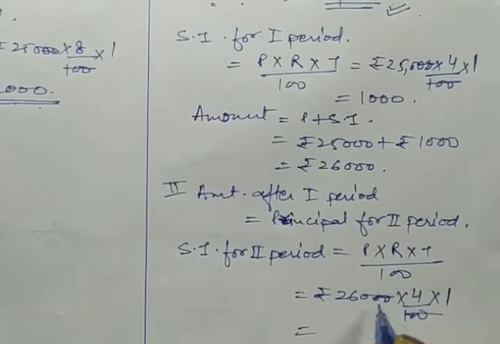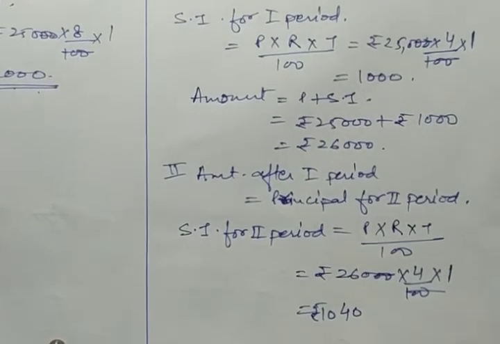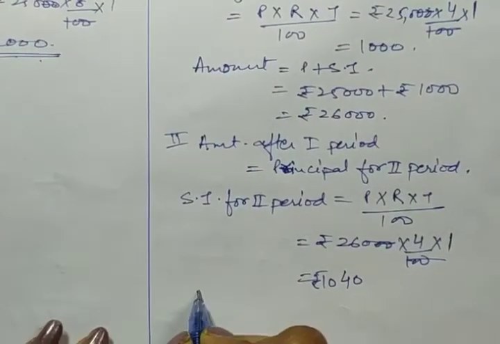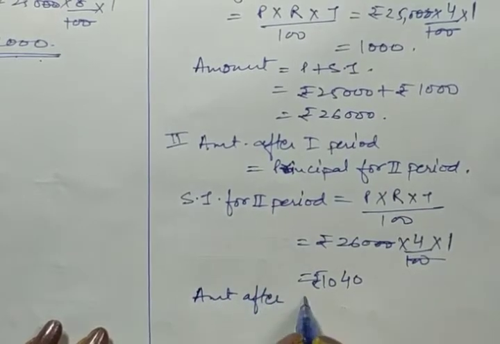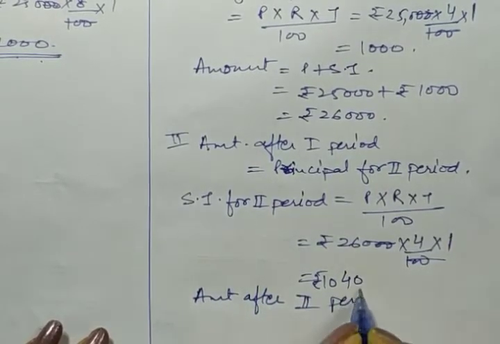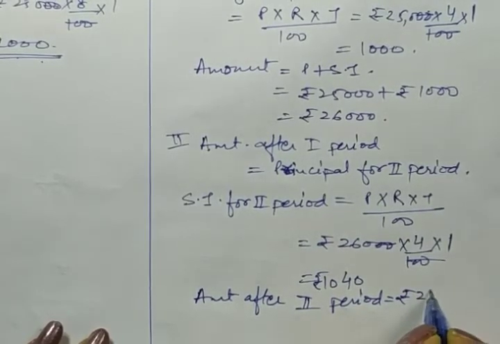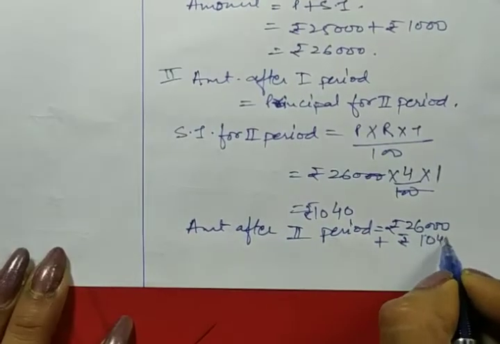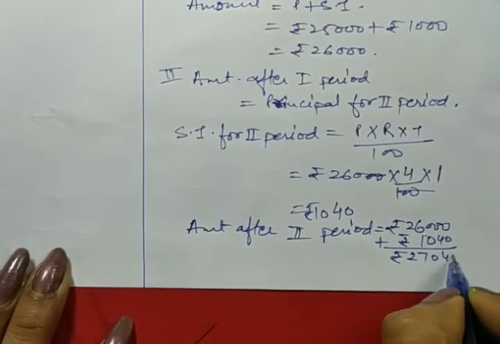Now I got rupees 1,040 as the simple interest for second period. Now the amount after second period, that is rupees 26,000 plus rupees 1,040, and I got rupees 27,040.